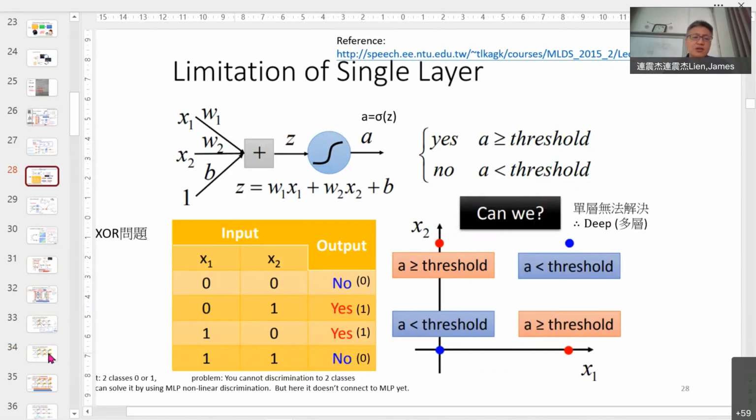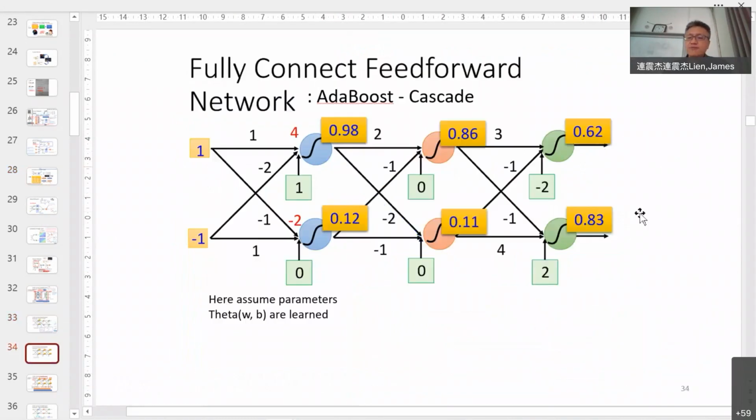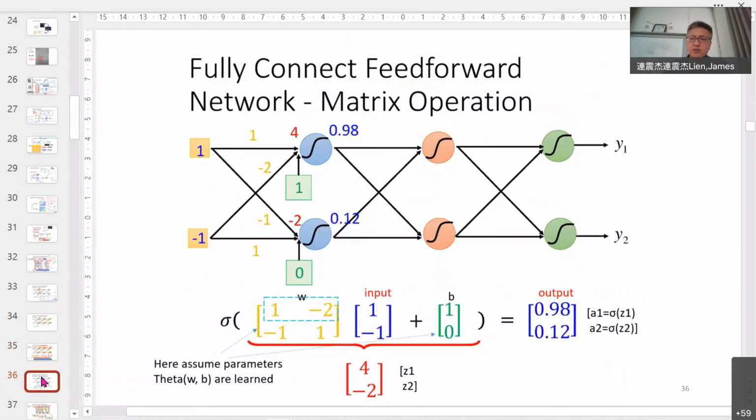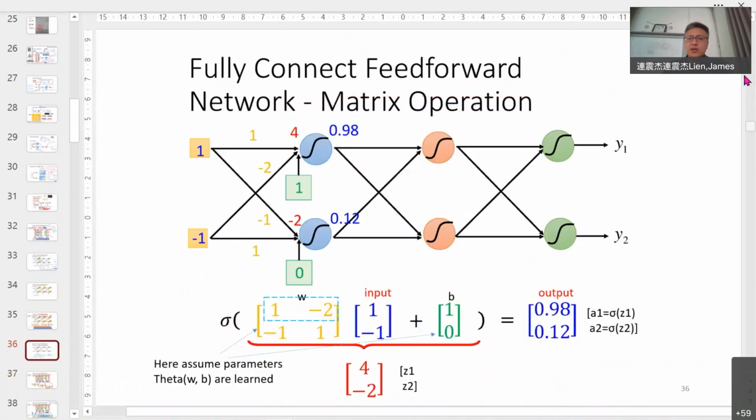So that means your final output, you combine together. 这好像没有写。Yeah, this one, finally your output is probably 1 or 0, red 1 or 0, just labeling.